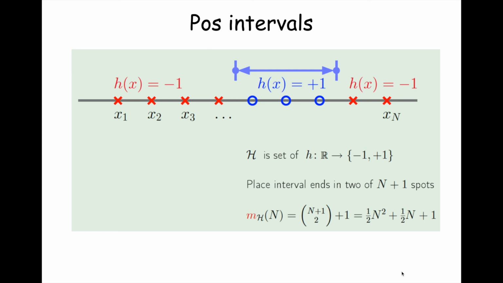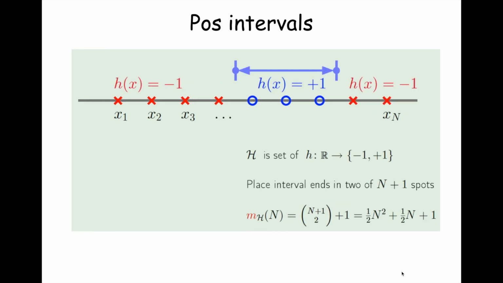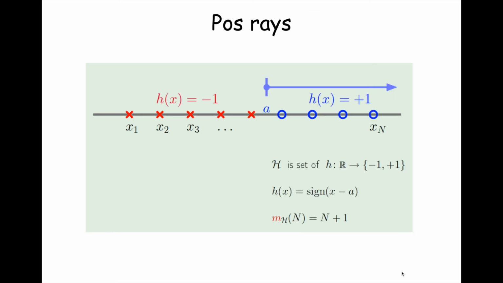And so if we look at this, the positive intervals, it's more complex. It has two parameters, right? And because it has two parameters, it's more expressive than the positive rays. If we look at its growth function, you'll notice the growth function for the positive intervals is quadratic, whereas the growth function for the positive ray is linear.